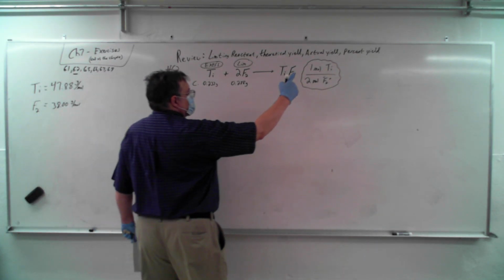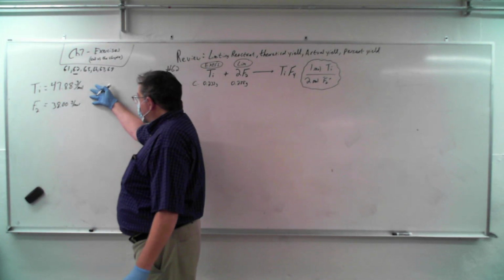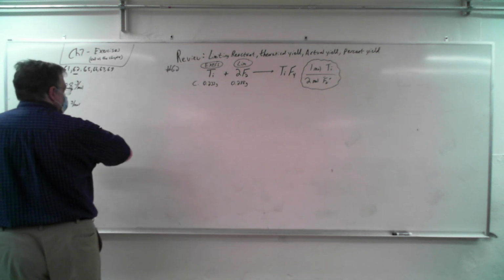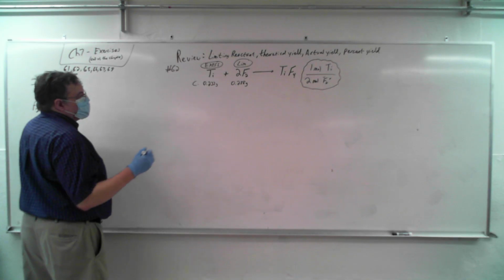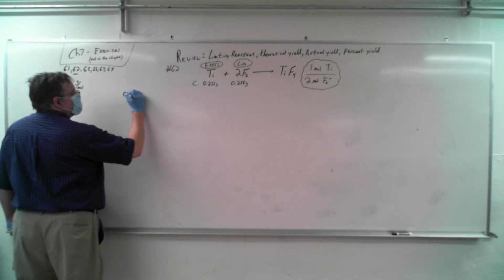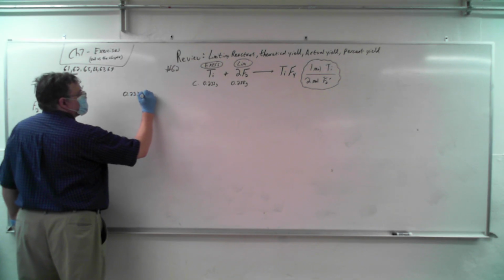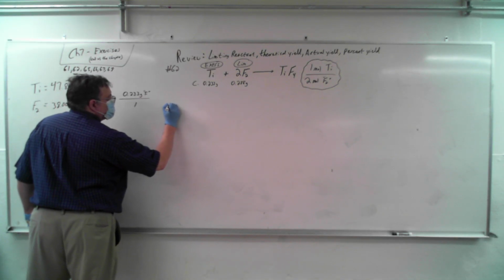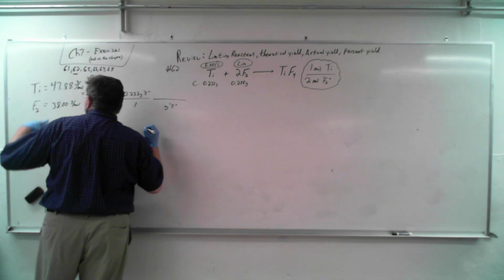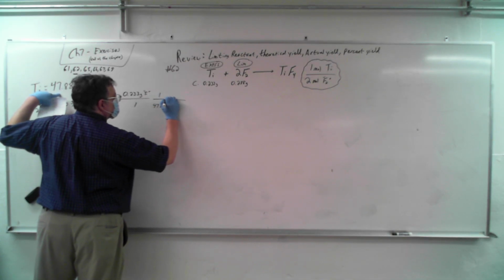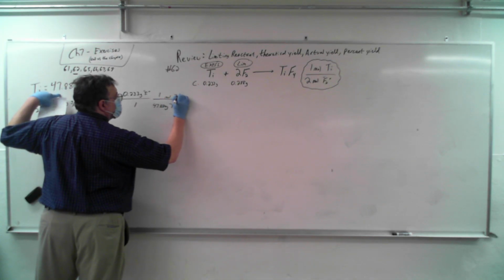We're still gonna use that, and we're still gonna use these, well, at least one of them. No, we use both of them. Yeah, I'll just go with the first one again. 0.233 grams Ti. Grams of Ti will be down here. 47.88 grams is 1 mole of Ti.